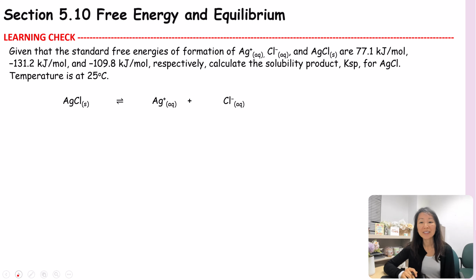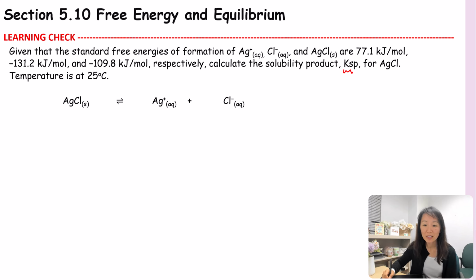All right, let's do a next learning check. Here it says, given the standard free energy of formation of silver plus and chloride minus with and silver chloride solid are 77.1 kilojoules per mole, negative 131.2 kilojoules per mole, and negative 109.8 kilojoules per mole, respectively, calculate the solubility product, KSP.